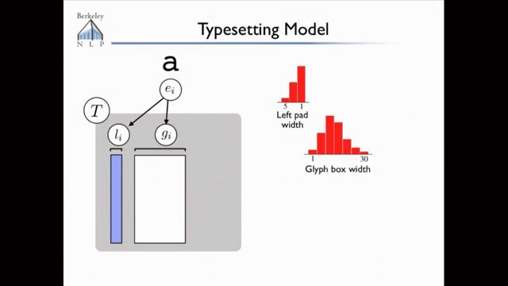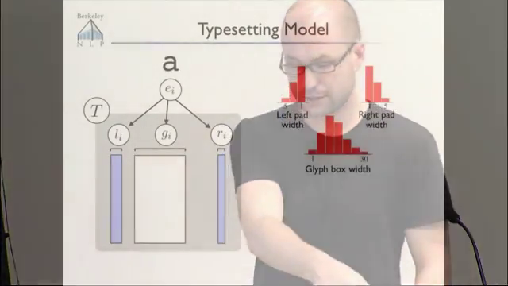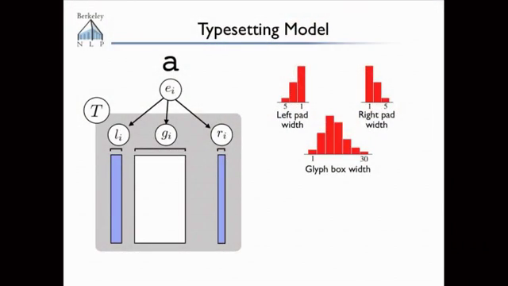And L sub I is going to come from a multinomial. Then we'll generate a random variable G sub I, which is the width of the glyph box. And that's, again, going to come from a multinomial. And then finally, we'll generate the width of the right padding box, again, from a multinomial.